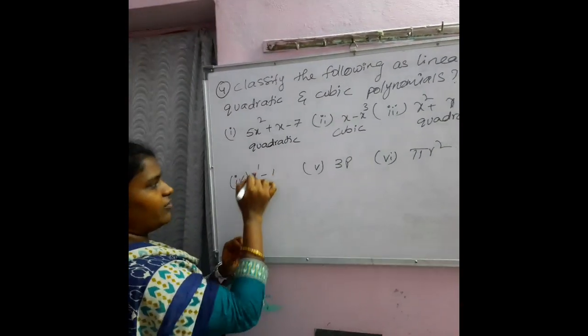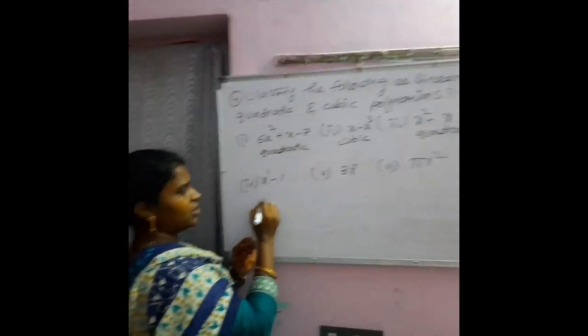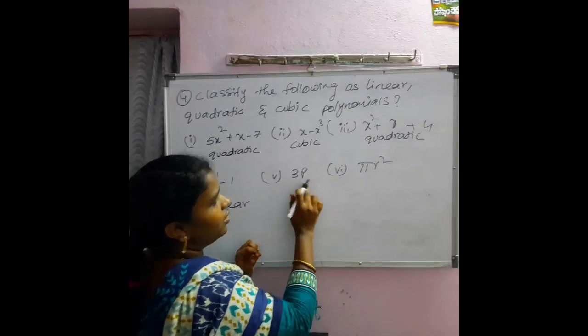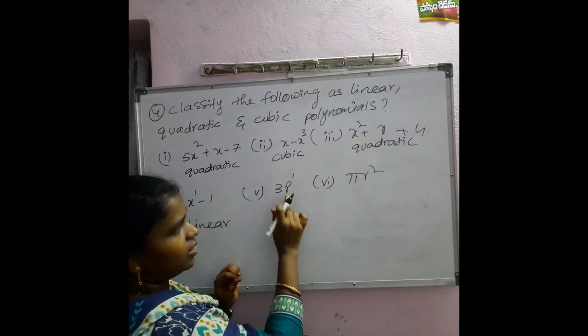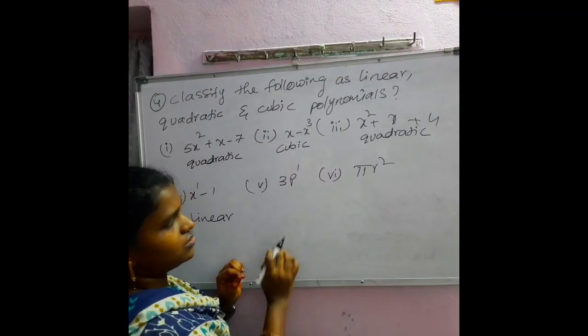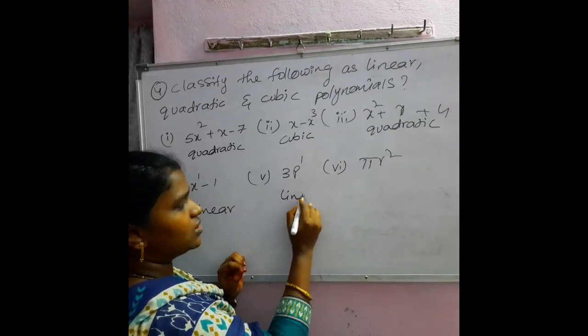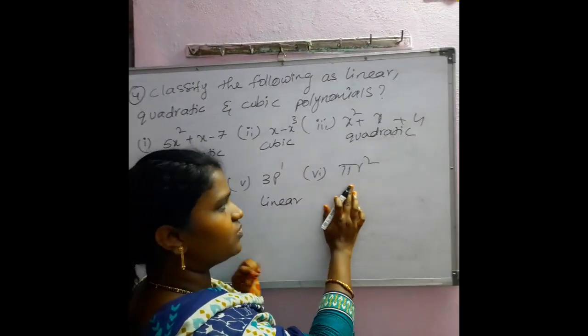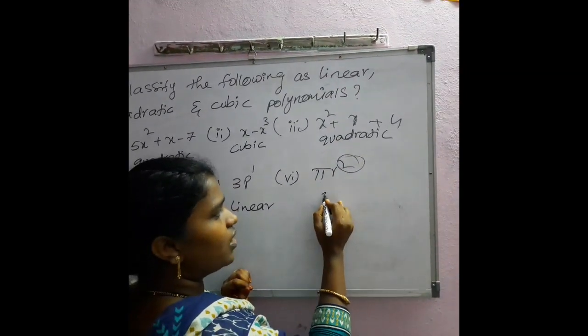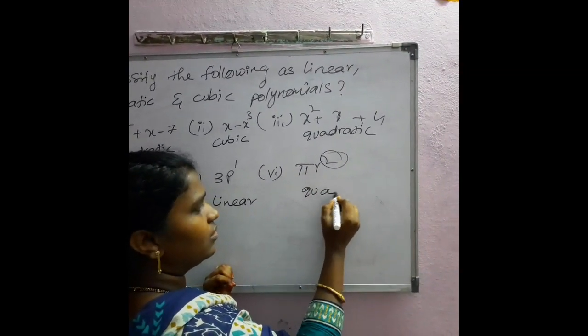And the degree of the polynomial is 1, so it is a linear equation. And here the degree of the polynomial is 1, the variable is having no written degree, so it should be treated as 1, so it is a linear equation. And if you see the last one, pi r square, the degree of the polynomial is 2, so it is called a quadratic equation.